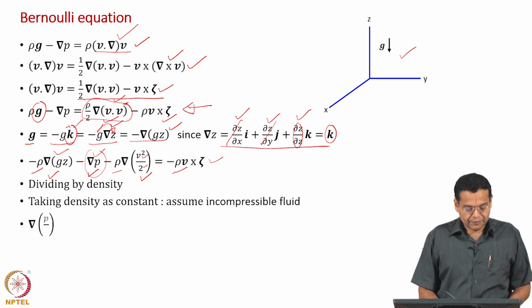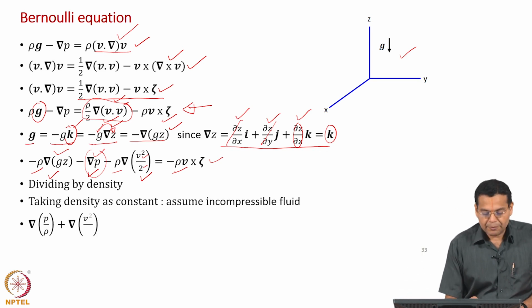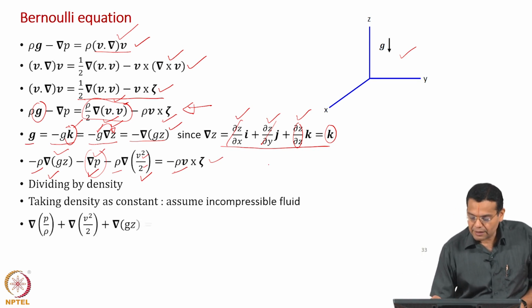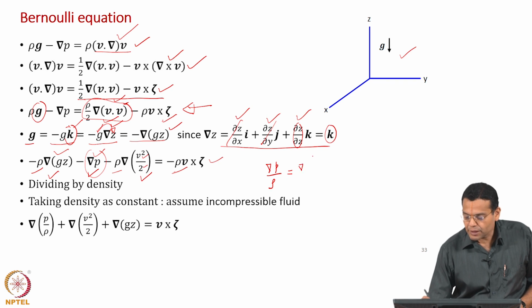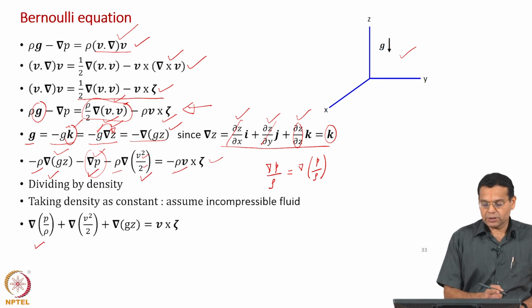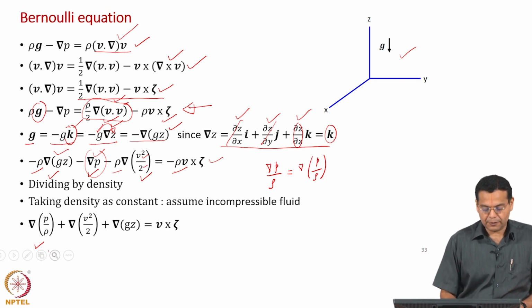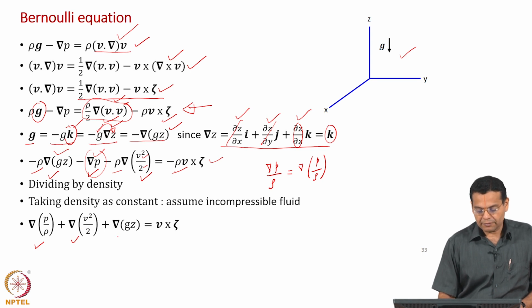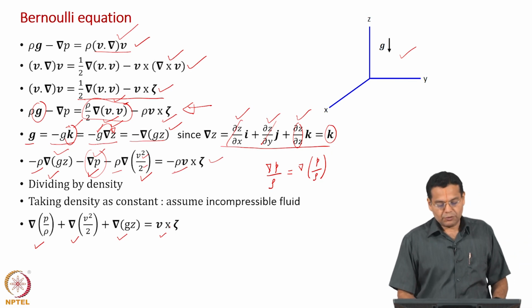So the way in which I am going to express it is, I have the gradient of P divided by rho, and I assume density is a constant. So I bring the rho inside the gradient symbol, and that is what has been written here. And of course, the negative sign cancels on both sides. So we have gradient of P by rho, then gradient of v squared by 2, then gradient of g z, and on the right hand side we have v cross the vorticity vector.